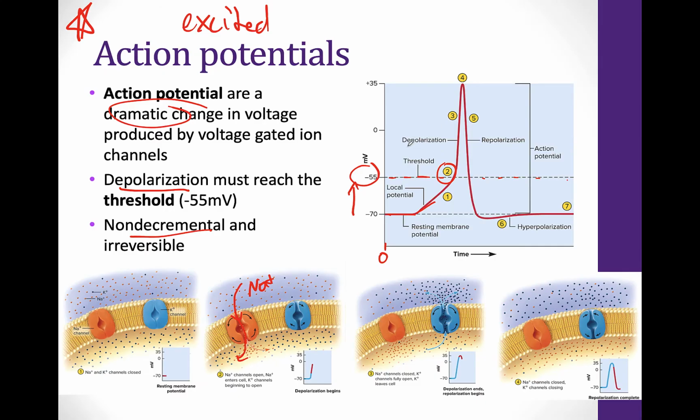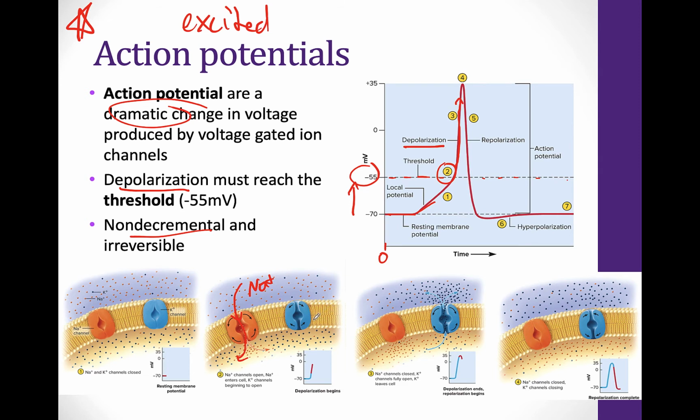The next step here is called depolarization. This is just like what happened at the local potential, only now it increases dramatically faster. So you can see this curve is going to increase much faster. At this point, we're going to see the sodium ions coming into the cell really quickly.